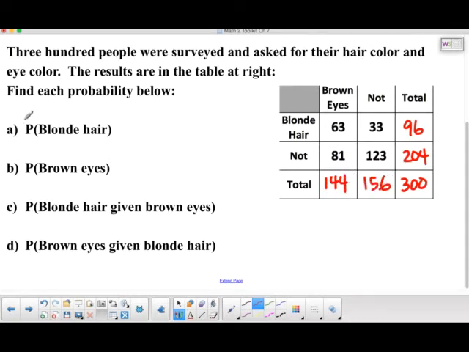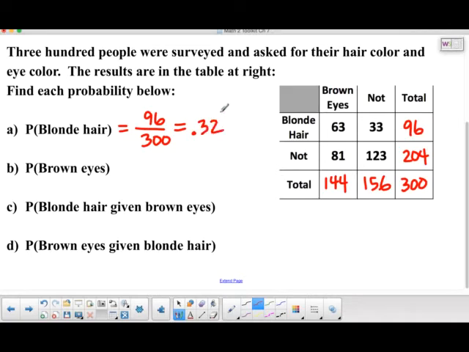So in this case, if you were just asked, what's the chance that a randomly selected person had blonde hair? You would say, well, first of all, how many people have blonde hair? Well, here's blonde hair, and the total number of people would be 96. So 96 total people have blonde hair, and there's 300 people altogether. If you want, you could go ahead and change it over to a decimal, which is similar to a percent.